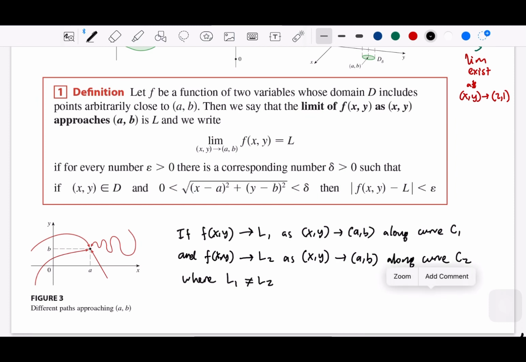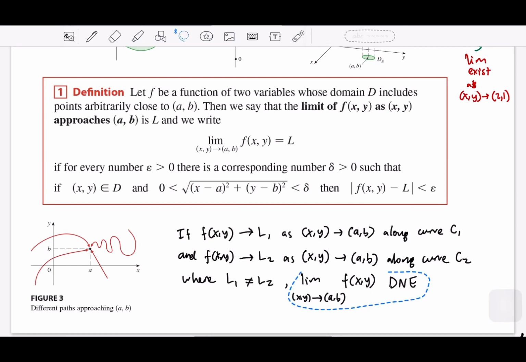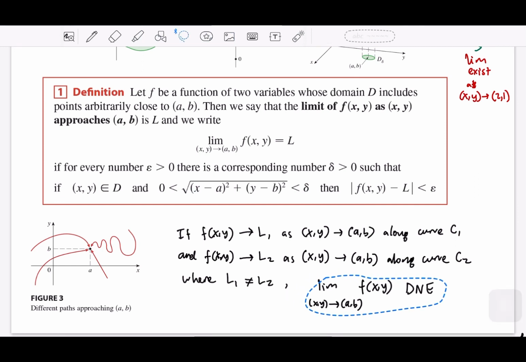Okay, so because a different value means that it doesn't exist. So the limit as (x, y) approaching (a, b) of f(x, y) doesn't exist.